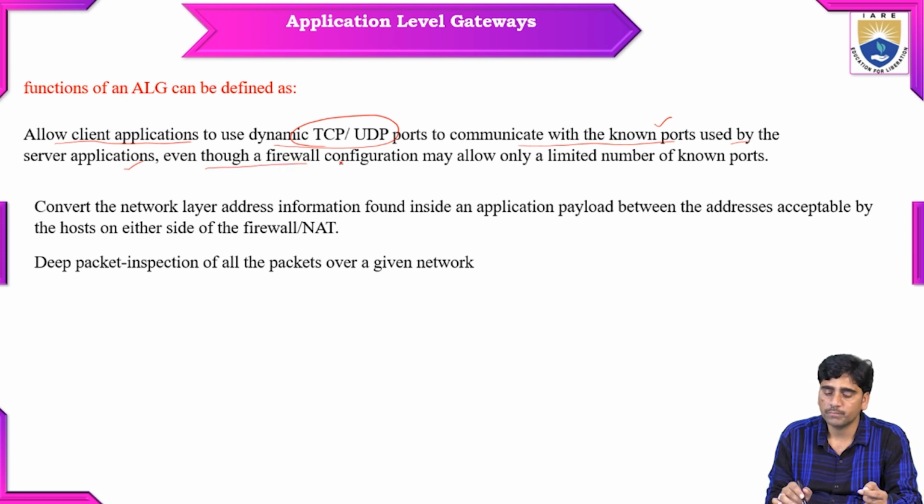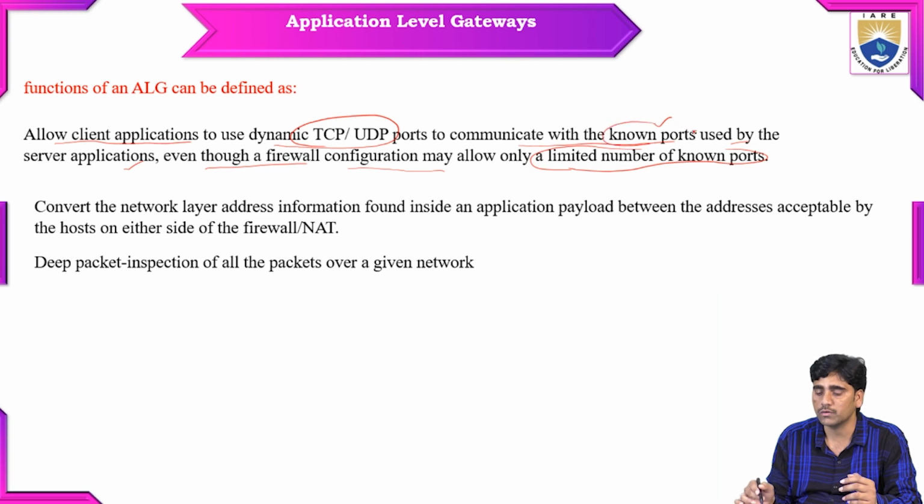So the application level gateway allows client applications to use these dynamic ports to communicate with the known ports used by the server applications. Even though a firewall configuration may allow only a limited number of known ports, these are trying to give access to communicating with other ports also.